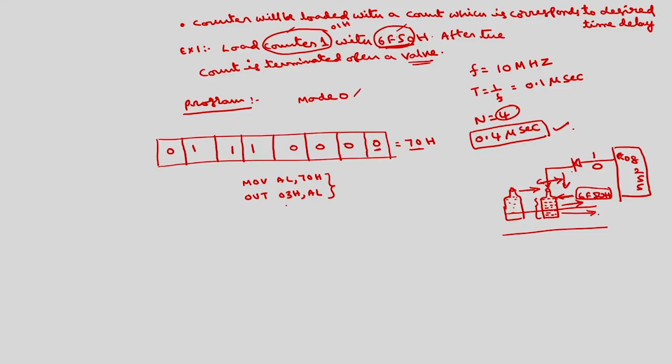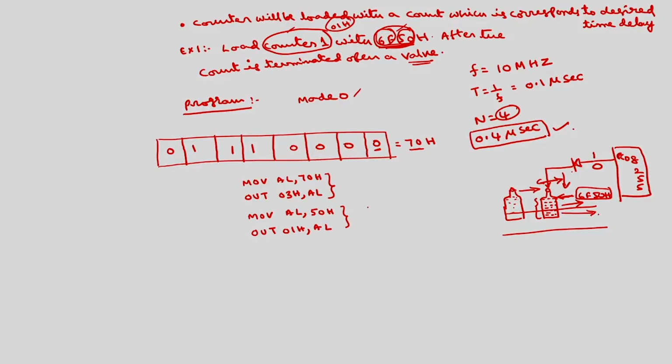Then you have to load this counter with the 16 bit value. First LSB, then MSB into counter 1 whose address is 01H. Similar type of instructions. MOV AL, 50H, the lower order count of 6F50H, where you have to feed this into counter 1 whose address is OUT 01H, AL.